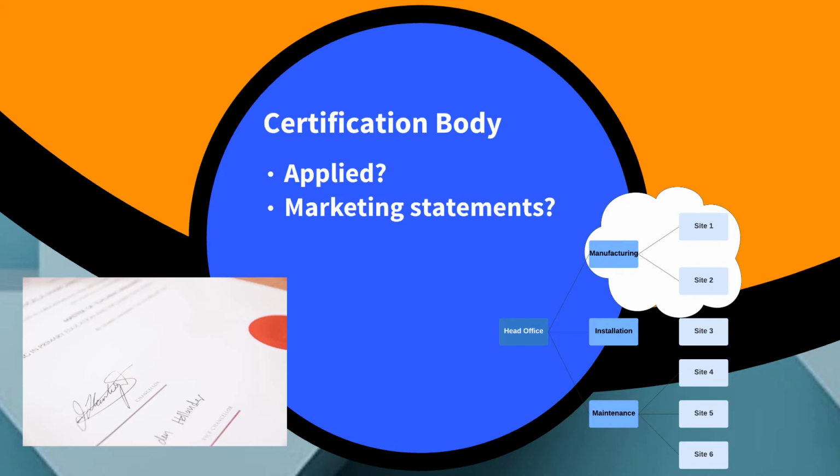So if the scope of our management system is manufacturing, installation and maintenance of our product, let's say, I'll make it up, security systems as one example, then they will expect that your management system is actually applied across those divisions, and they will want to spend audit time going to each division and making sure the safety management system has been fully applied across each division and even across the 6 sites there.